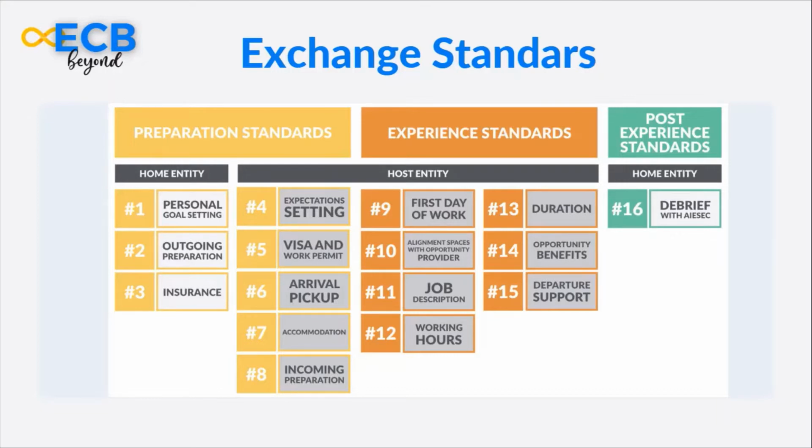As you can notice, some of these standards must be delivered by the home entity, and some of them by the host entity. So make sure that you know which ones there are and what you have to do.